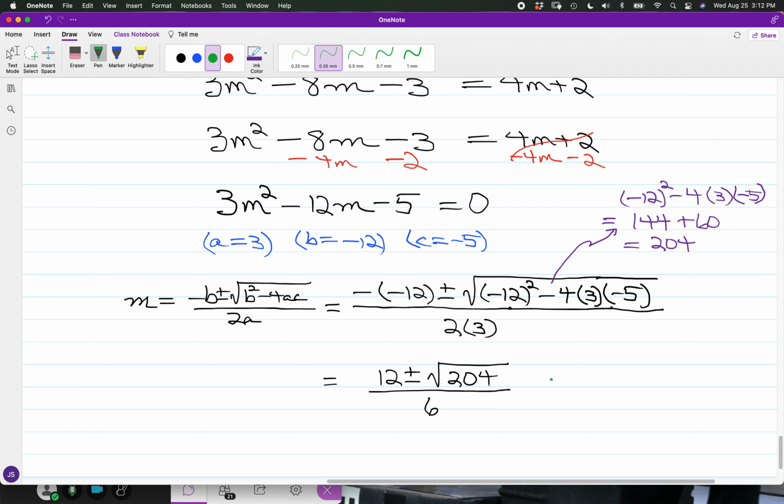And for 204, this is not a perfect square, but it is one that can be reduced. The highest perfect square that you can take completely into 204 is going to be only 4. Not 4 times 204, but 4 times 51.